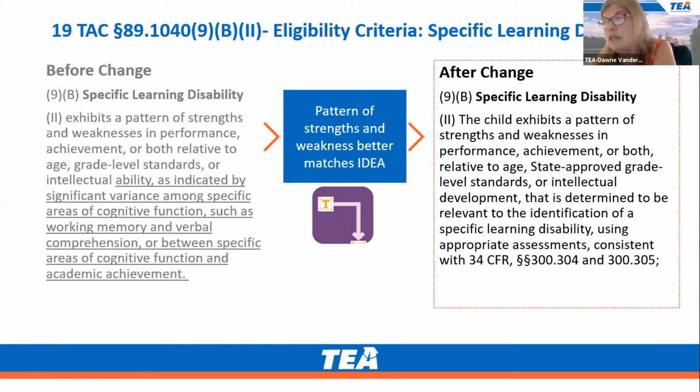This change aligns the language to the requirements in IDEA and essentially broadens the way of thinking about a pattern of strengths and weaknesses. We're going to look more closely at this change in the next slide, as there are potential practice implications.